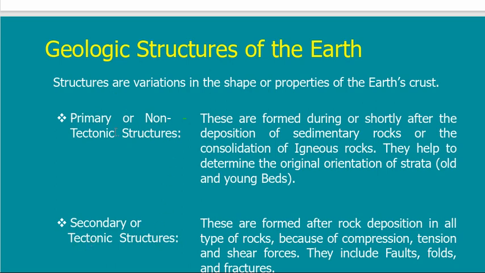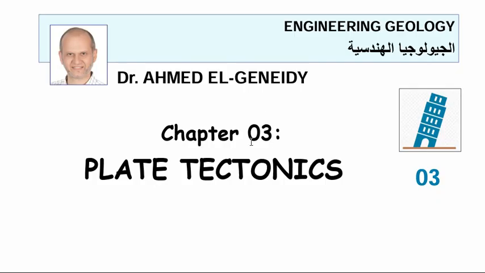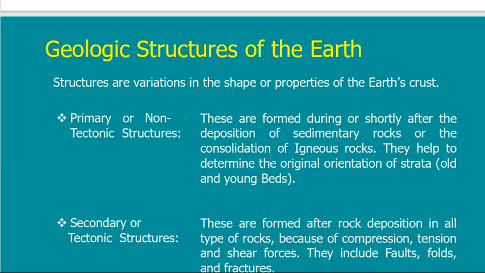So we have tectonic or non-tectonic. What is tectonic? It deals with what we have studied in this chapter, plate tectonics. So tectonic structures are the structures that are affected by the movement of the plates, similar to earthquakes and volcanoes and something like this.